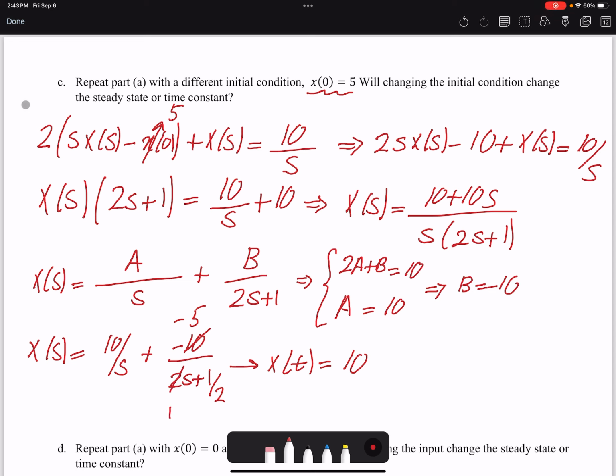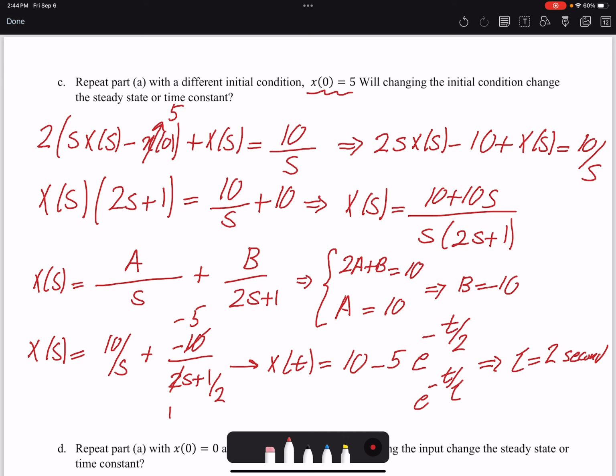It makes it easier for me. That would be negative 5 e to the minus t over 2. So you can see the time constant still would be 2 seconds when I compare it to t over tau.